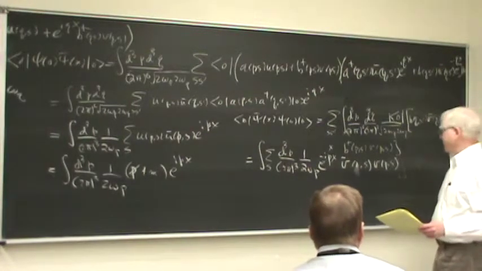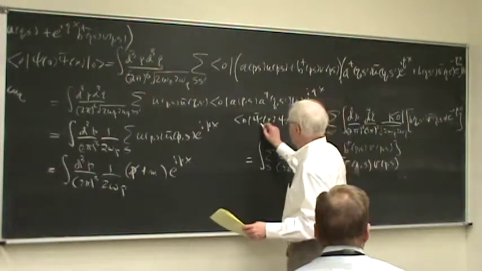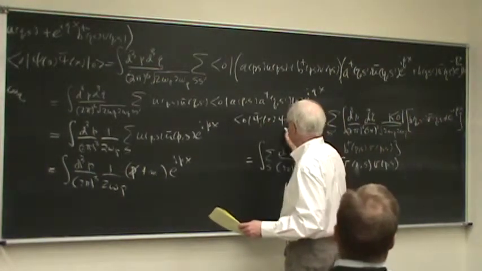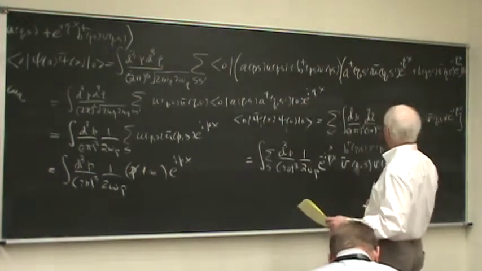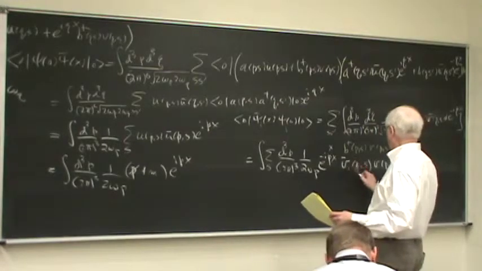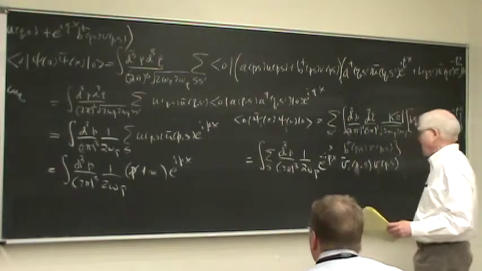Okay, but now if we put in indices, say we have an i there and a j there, then that would be an i here and a j there.